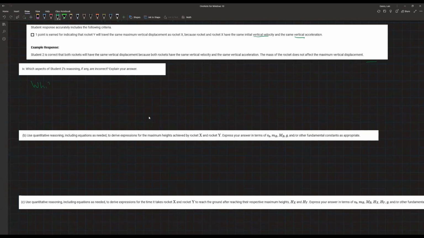We could say, while both rockets have the same initial vertical velocity, rocket Y has more mass, it will have a larger kinetic energy than rocket X.